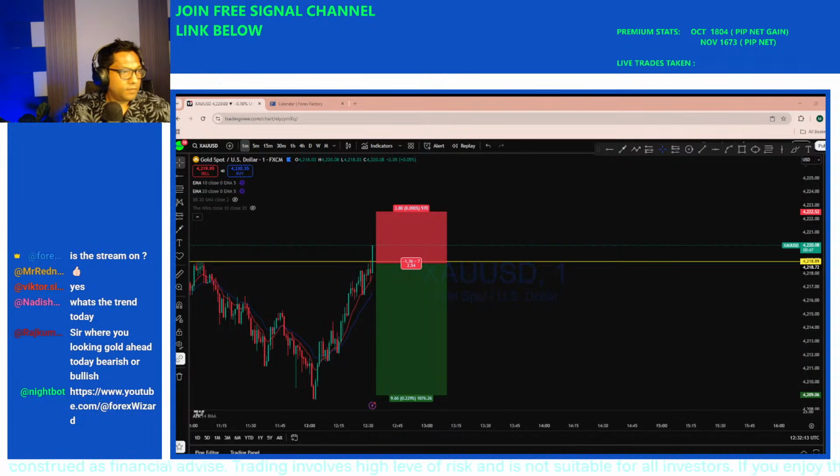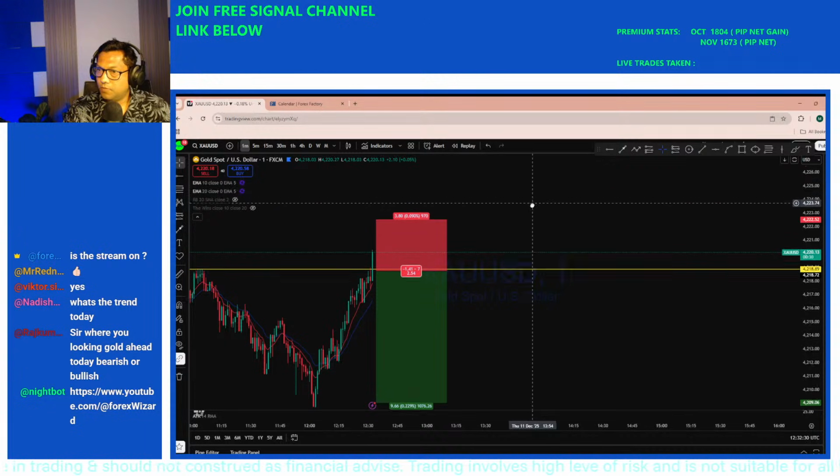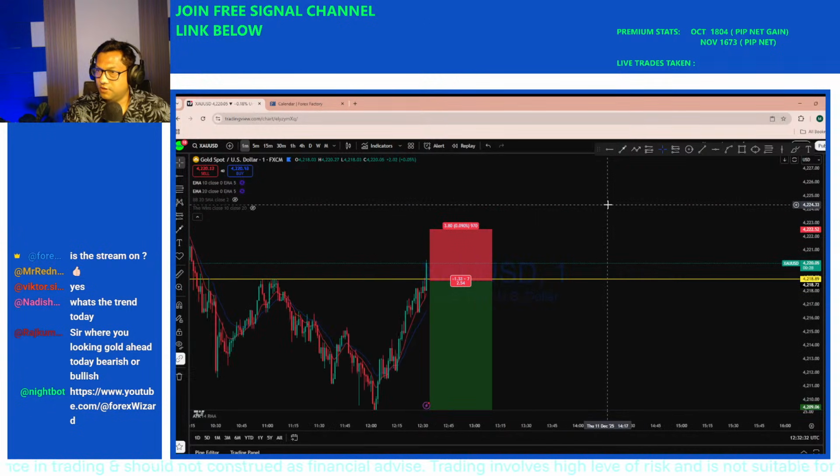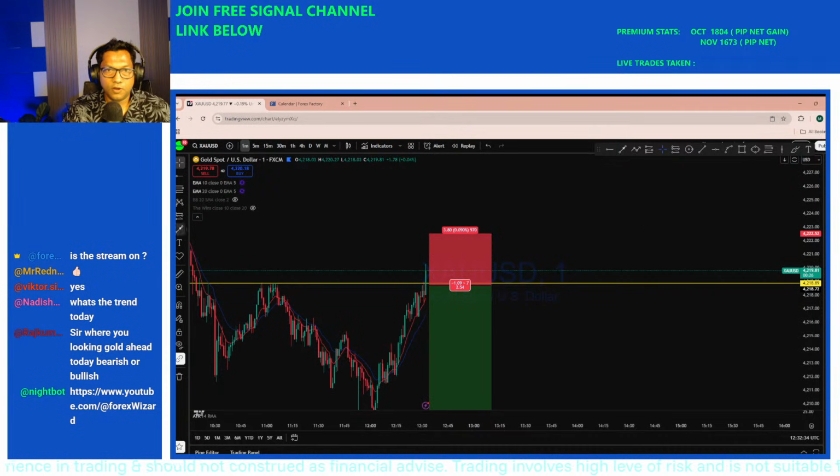Stop loss at 4222.52. I can readjust the stop loss if needed, so basically wherever the entry is, around a 43 pip stop loss.